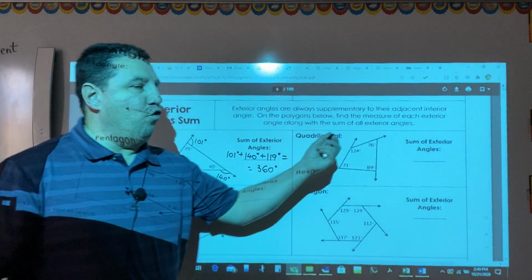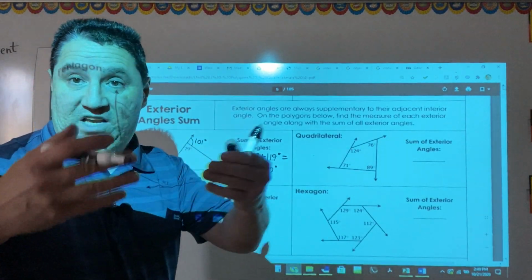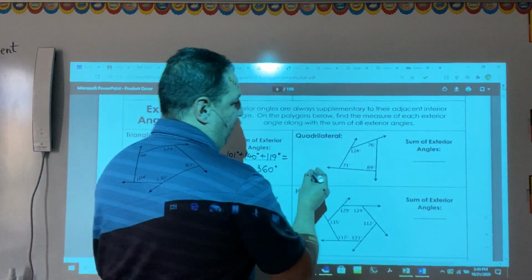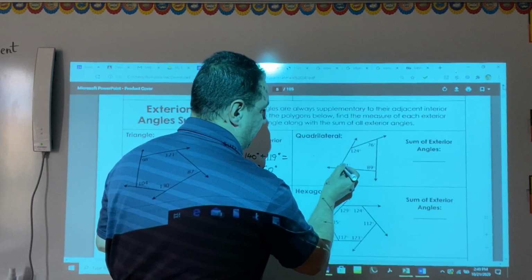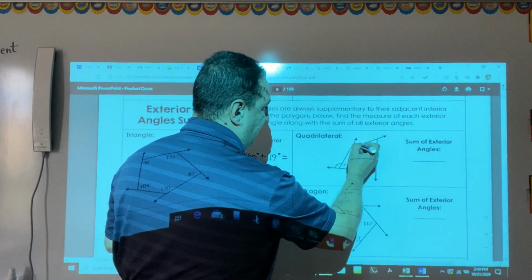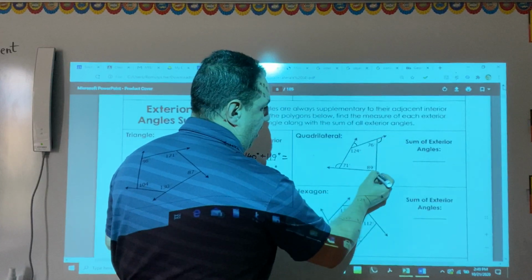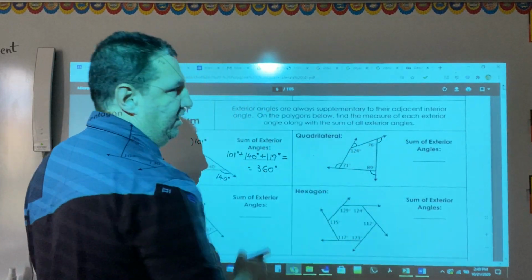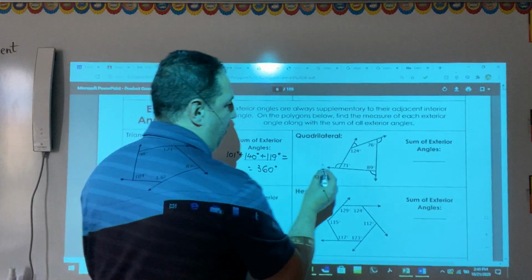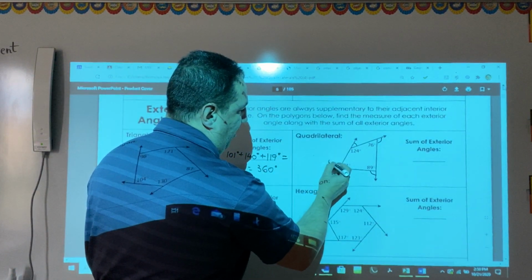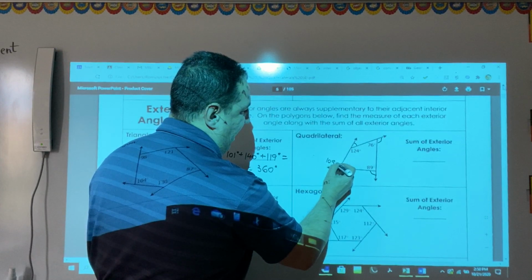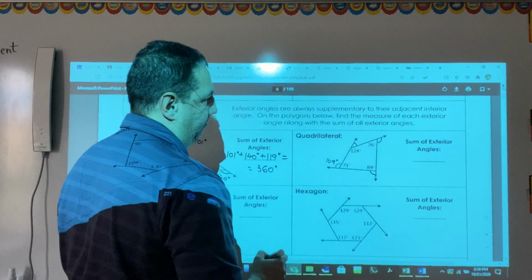Let's do the same thing for a quadrilateral, which is a polygon with four sides. Now, in this case, we're going to have four exterior angles, right? Let's find the exterior angles associated to these interior angles. The exterior angle would be 109 degrees.